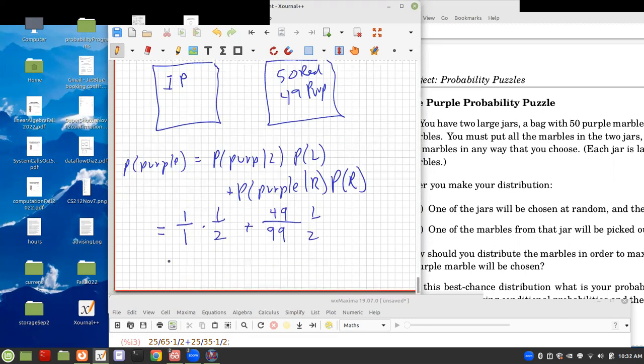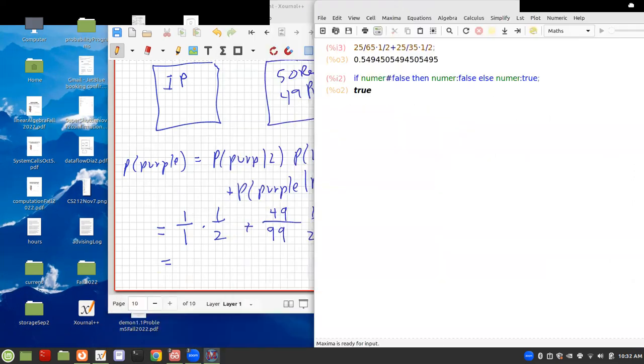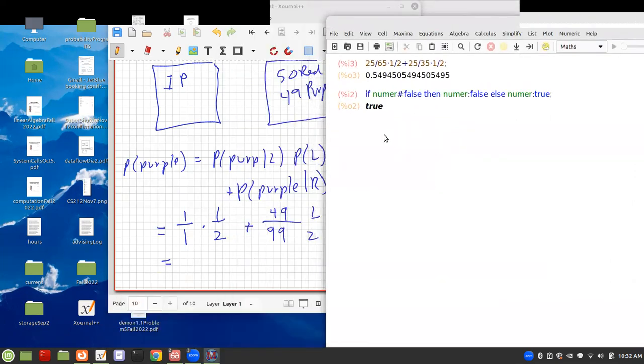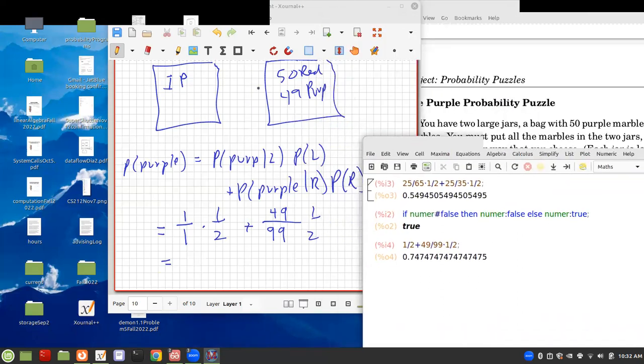And so this is going to equal, well, let's do it in wxMaxima. Here, it's going to be 1/2 plus 49 over 99 times 1/2, which equals numerically approximately 0.75, it's 0.75.